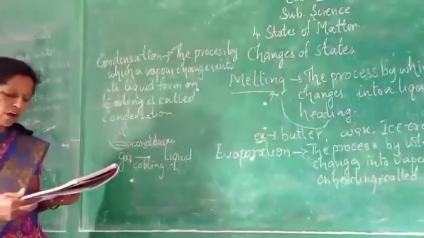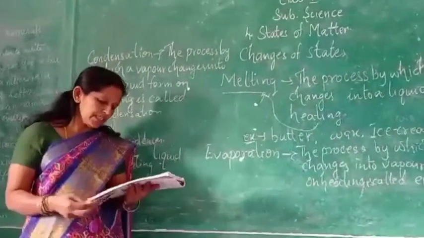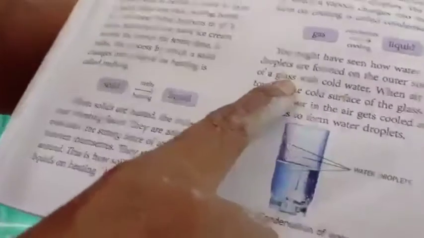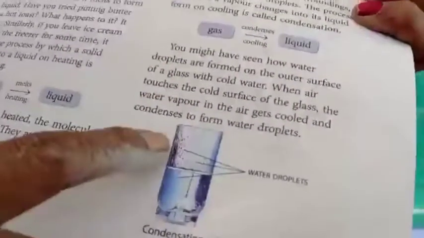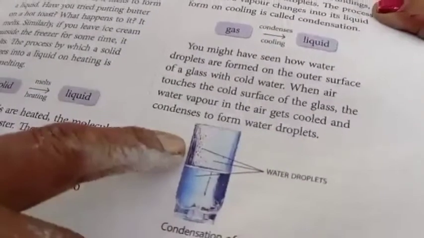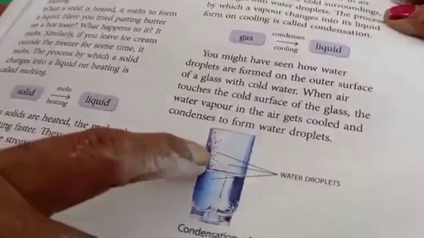You might have seen how water droplets are formed in a glass. They are formed on the outer surface of a glass with cold water.